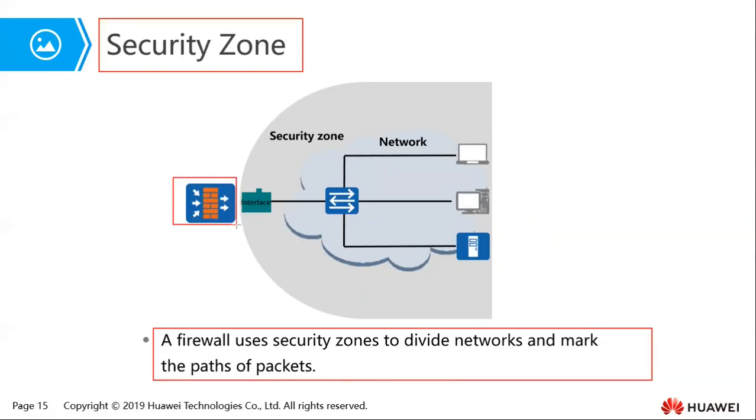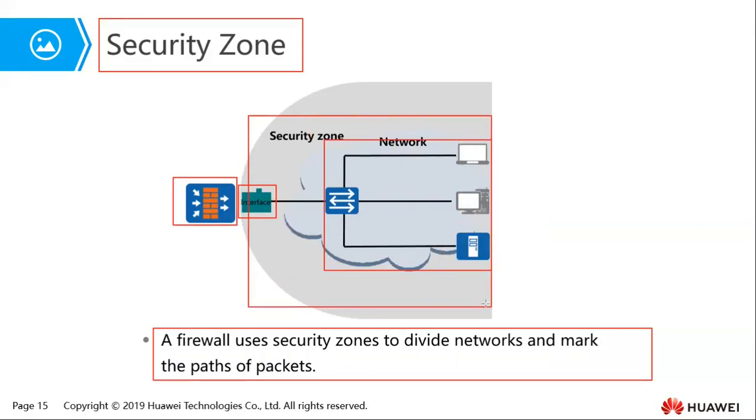So you have the firewall here. The firewall has an interface, and that interface connects to a network, like that one, a LAN. That is what we refer to as a security zone. It is important to mention that one security zone can contain one or more interfaces.